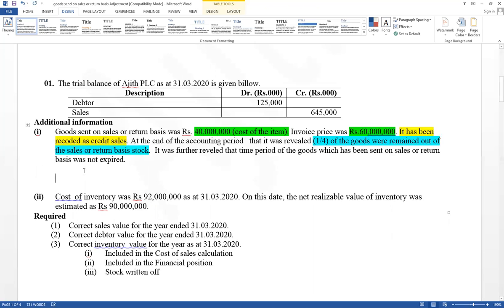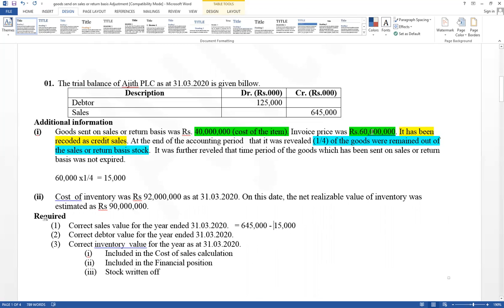With values in thousands, one quarter equals 15,000 not sold. But the total value was recorded as sales: 60,000 included in debtors and sales. Therefore, when we calculate the correct sales value, the amount included in the trial balance is 640,000. From that value, 15,000 should be deducted, because it was not sold.